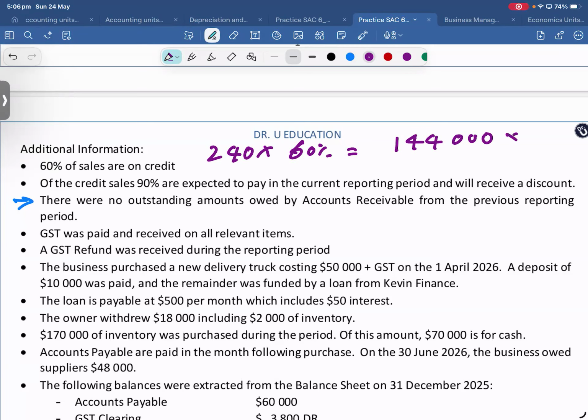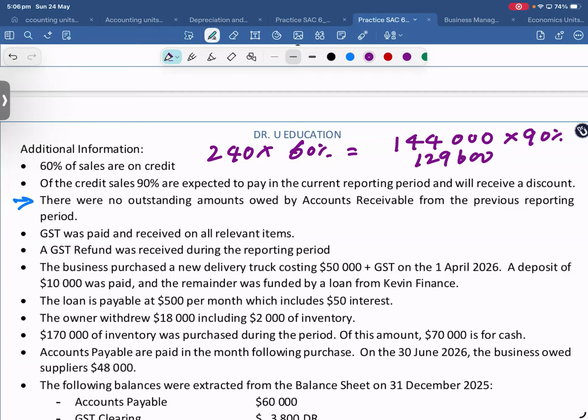Okay. So then from that, what happens, guys? 90%, yes. Right? 90% is 129,600. So they are paying 129,600, 90%, yes.